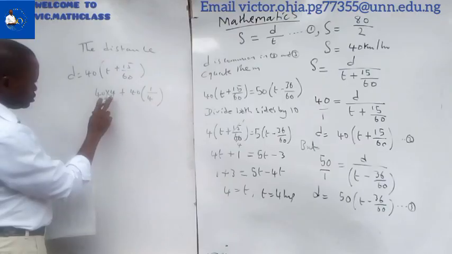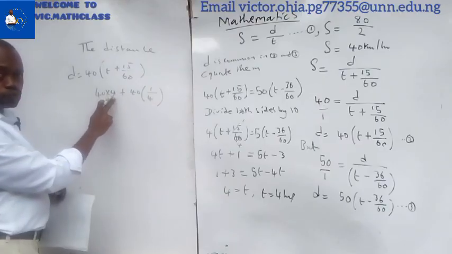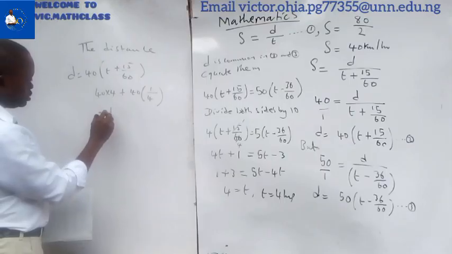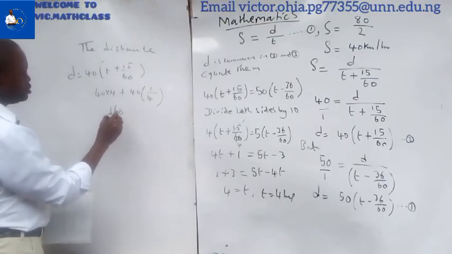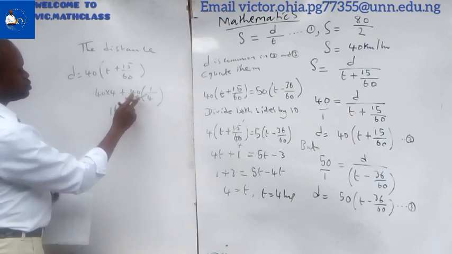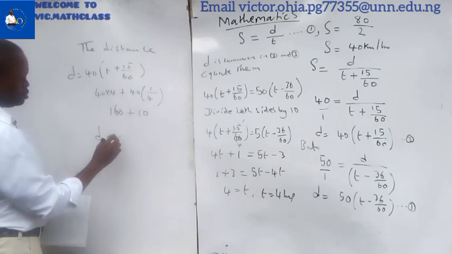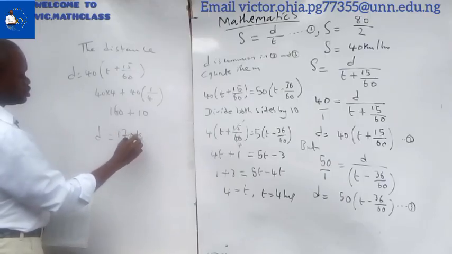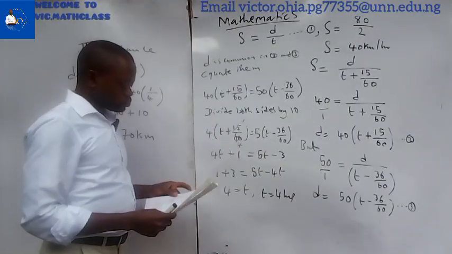So 40 times 4 is the same thing as 80 times 2, which is 160. 160 plus 10. So you see that the distance is 170 kilometers.